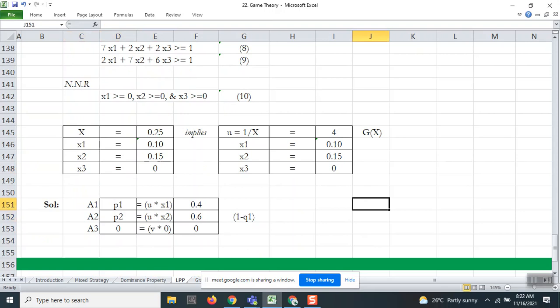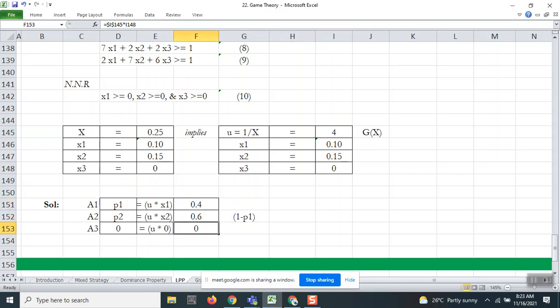You can see that x3 is 0, which means row 3 is 0. So u multiplied by x1, which is 4 multiplied by 0.1, is 0.4, and 4 multiplied by 0.15 is 0.6. Or you can even take 1 minus 0.4, so p1 is 0.4 and 1 minus 0.4 is 0.6. In either case it is correct.